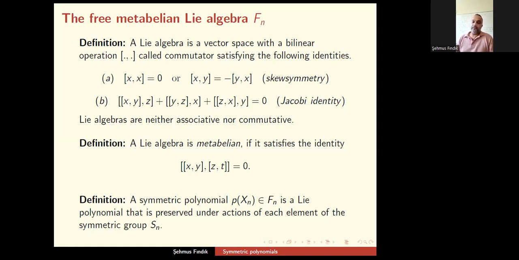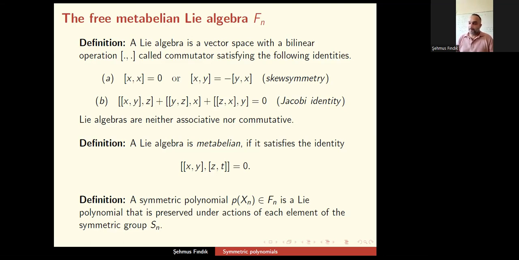Or you can create such an algebra in this way. You have a free object in the variety of the algebras, and this algebra is divided by the derivative of its derivative, which is the commutator of commutator ideal, and you again get the free metabelian algebra. A symmetric polynomial in this algebra is going to be defined in the same way.